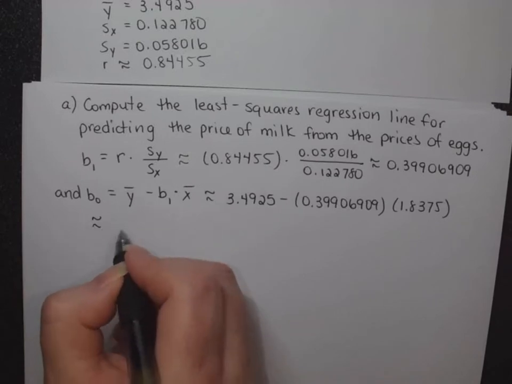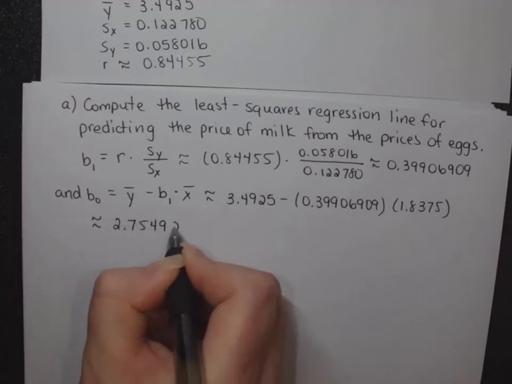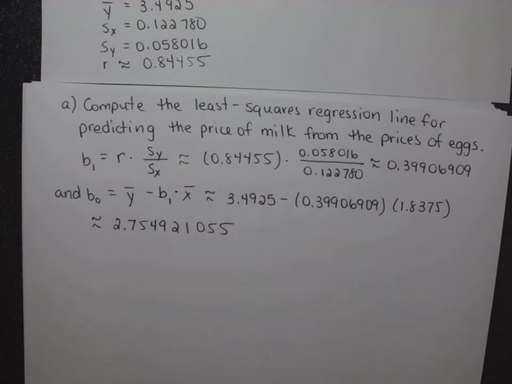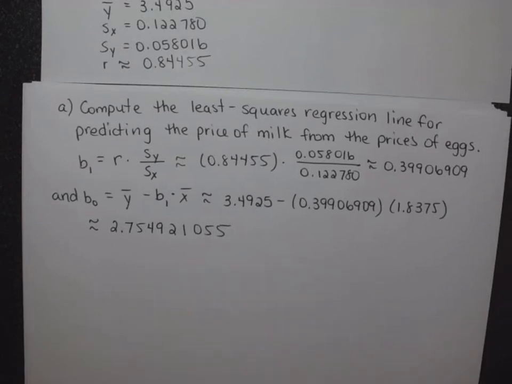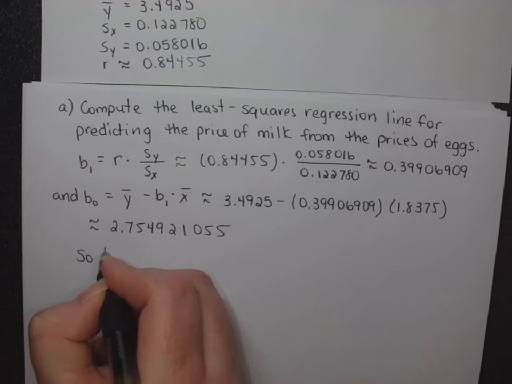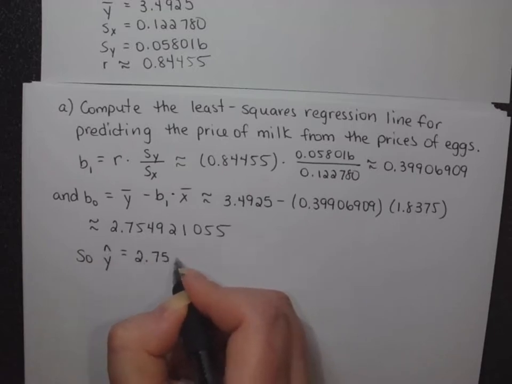Okay, so this comes out to be 2.75921055. Actually, I guess I included 1 too many decimal places there, but that's all right. That was all that was on my screen, so you could probably cut that down, because in the end, we really are just going to round it anyway. So b sub 0 is going to be 2.75.